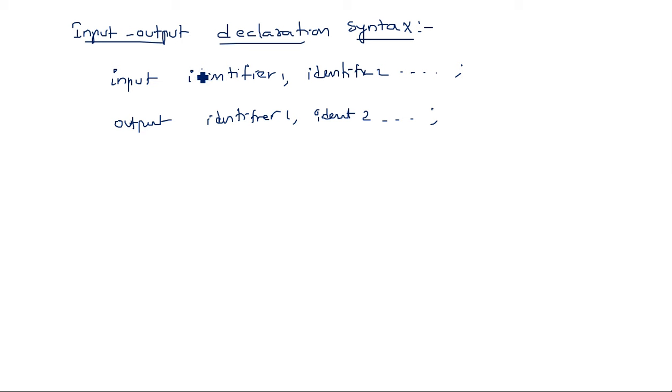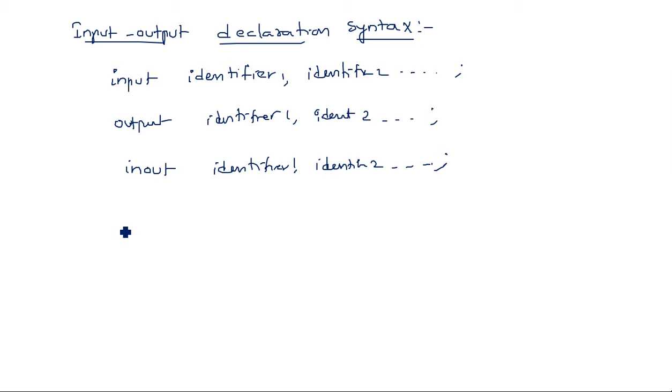Identifier is nothing but a variable. When you have an array, instead of a single bit, that also can be declared here only. And if any in-out signal is there, in-out identifier 1, identifier 2, and so on.